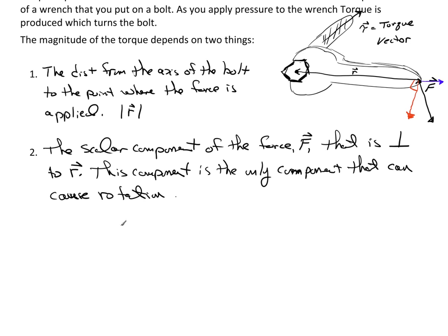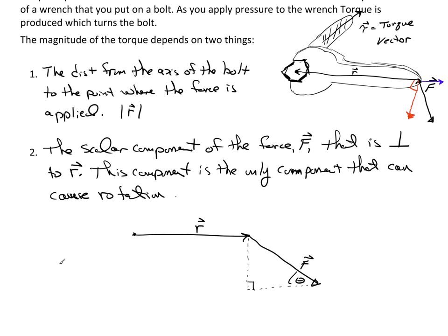If we look at this again just a moment, here is my vector r. And let's just say that this is my force vector at some angle here. And I'm going to turn this into a right triangle, with this being theta.